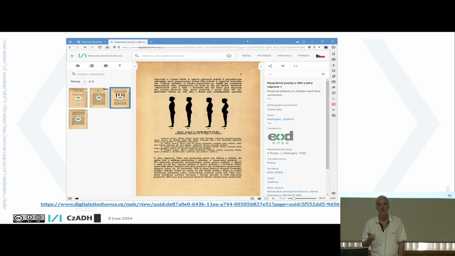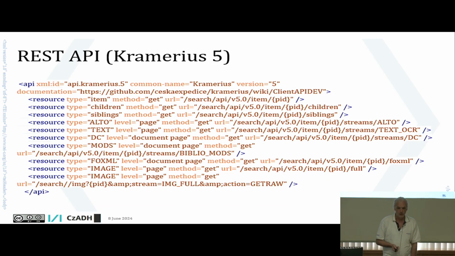This is how a Czech digital library looks like, and one book that I will present here. This is an extraction of the REST API that the digital library uses, this one for Kramerius, the Czech digital library.